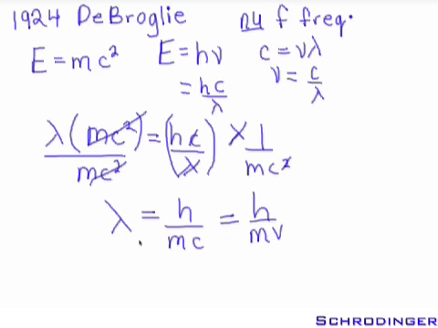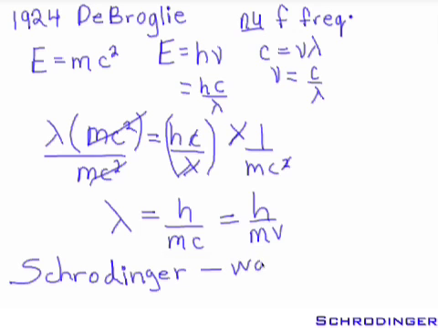Well, based on this proposal, a gentleman named Schrodinger developed a wave function, a mathematical function that could describe the motion of the electron.